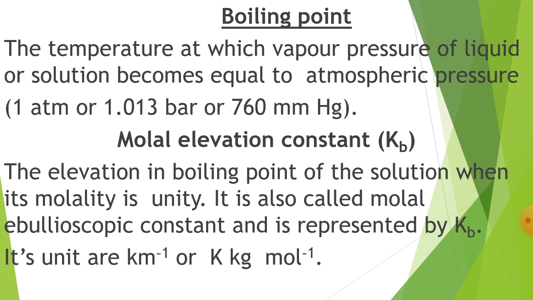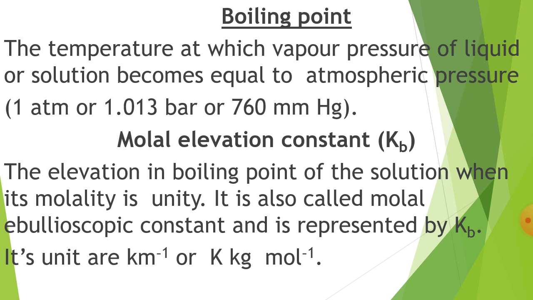Now boiling points. Before knowing the elevation of boiling points, first of all we have to know what the boiling point is. It is the temperature at which the vapor pressure of a liquid or solution becomes equal to atmospheric pressure. The atmospheric pressure may be 1 atm, or in bar 1.013 bar, or in mmHg 760 mmHg.